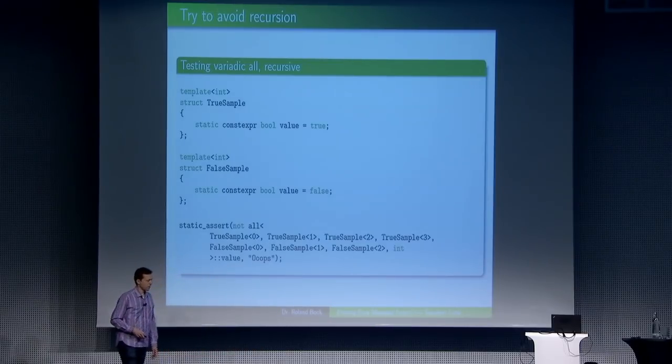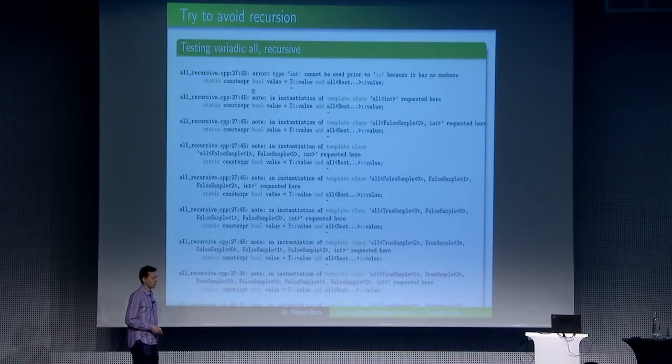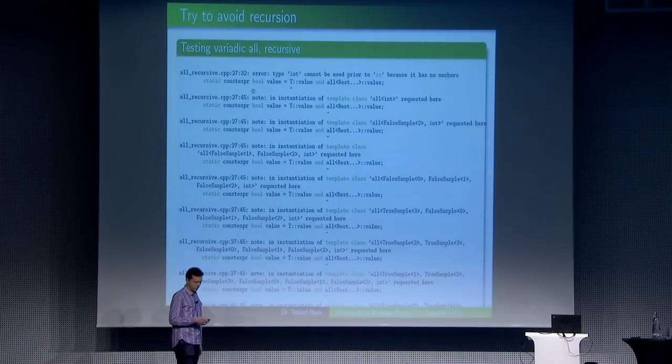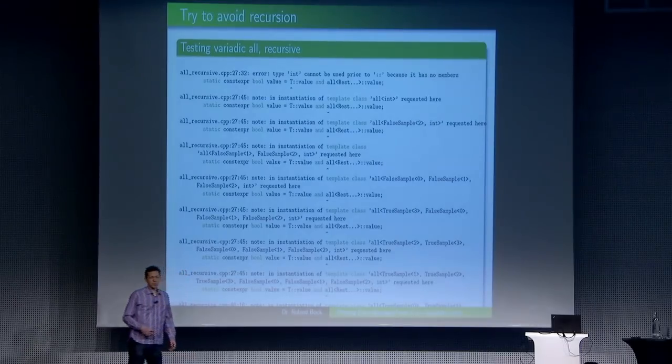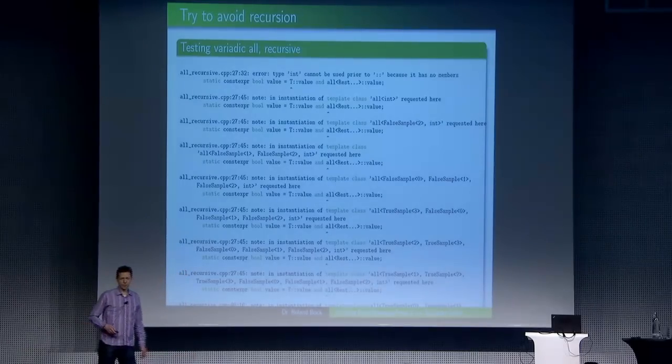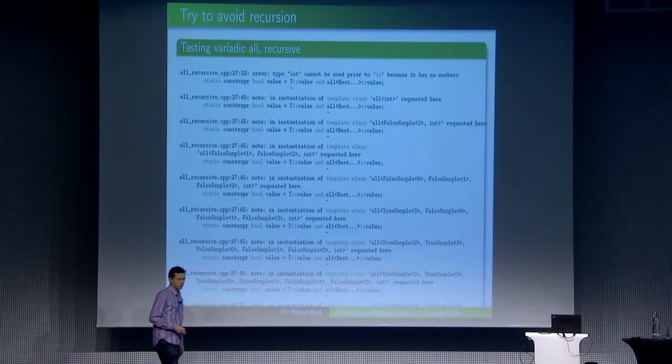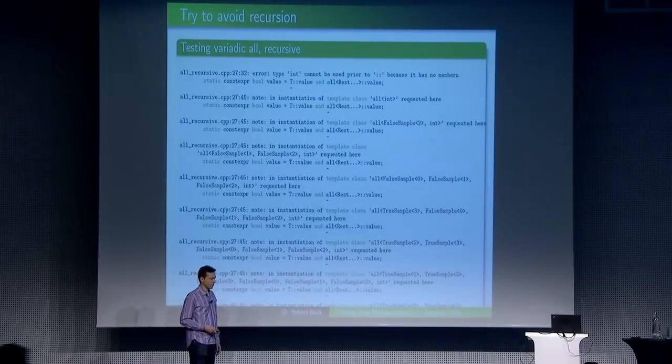So this is not going to work because int doesn't have a value. Right? The error message looks like this. That's annoying because it's such an easy thing, and still you get way more than one page of error messages for something really simple.